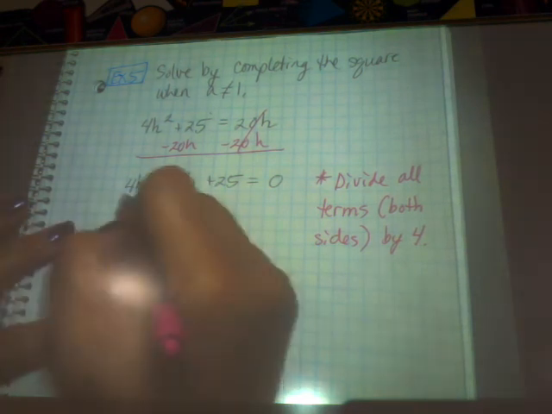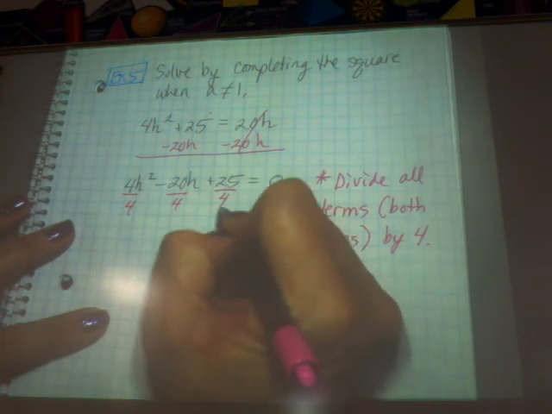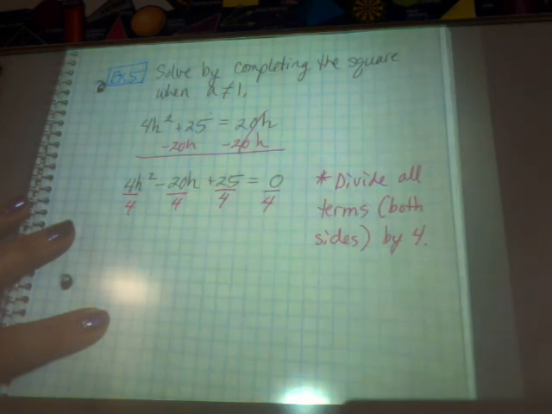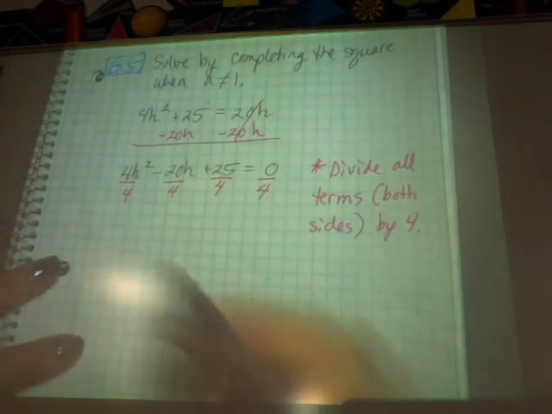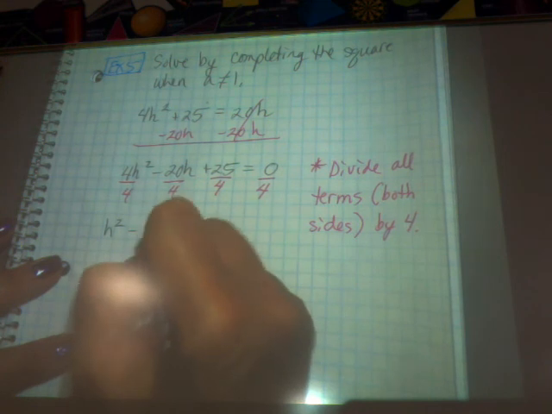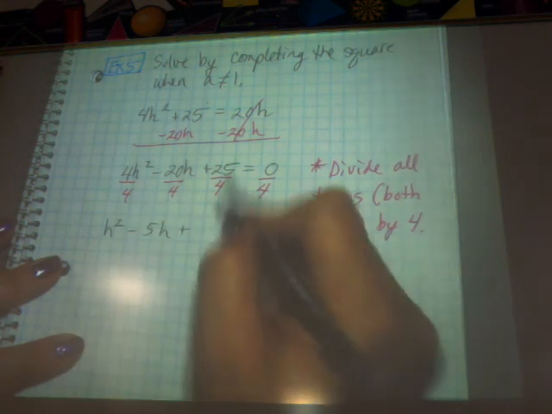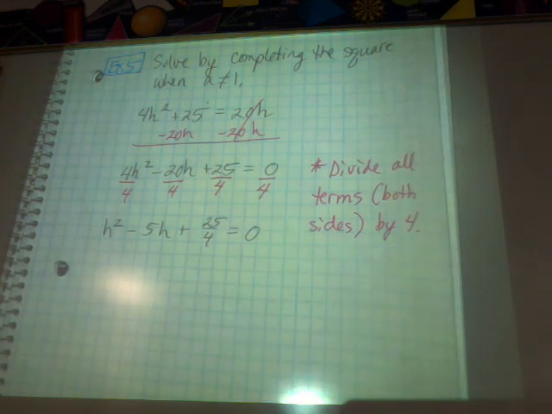So I'm going to divide this by 4, this by 4, unfortunately the 25 by 4, and technically the 0 by 4. So now I end up with h squared minus 5h plus 25 fourths equals 0.